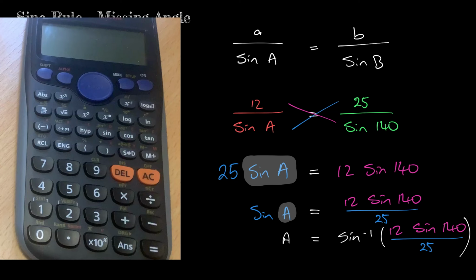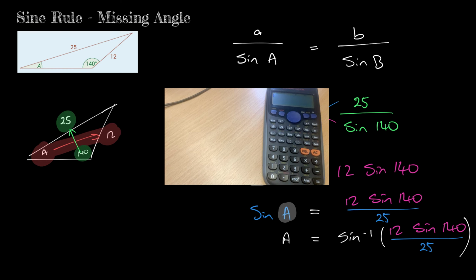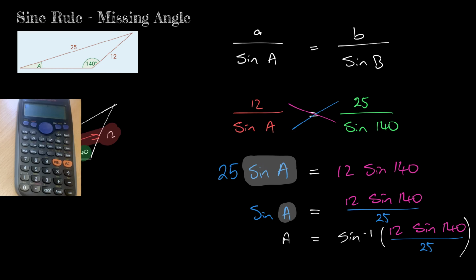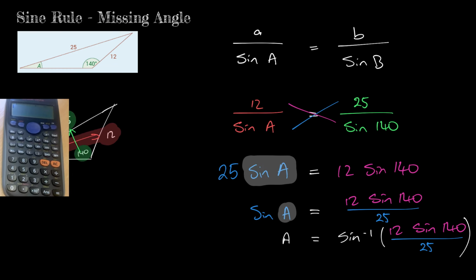Okay, so we're going to have to type this into our calculator, and to type that into the calculator, we'll just do the following, right? So turn on your calculator. Okay, we'll just bring that over here so you can see it, and we'll make it bigger.